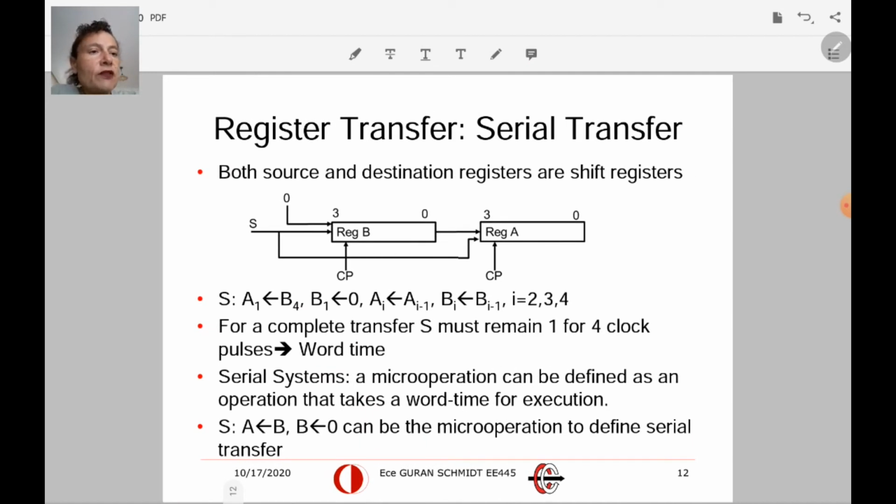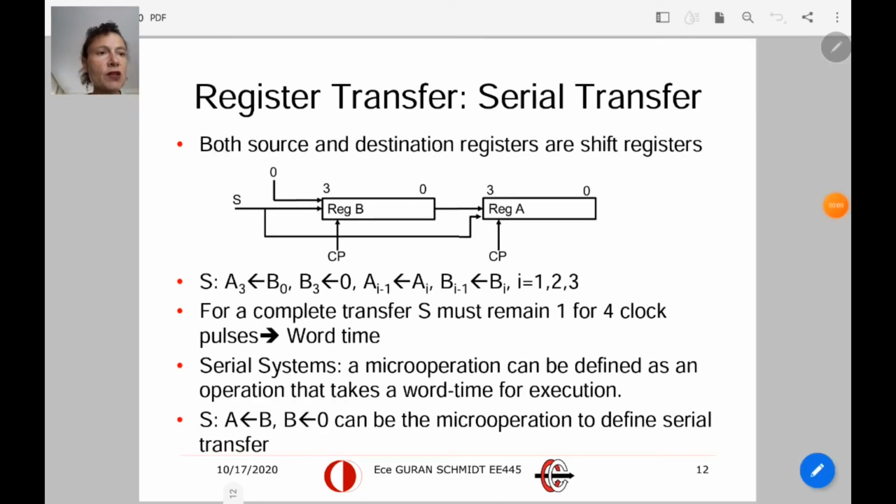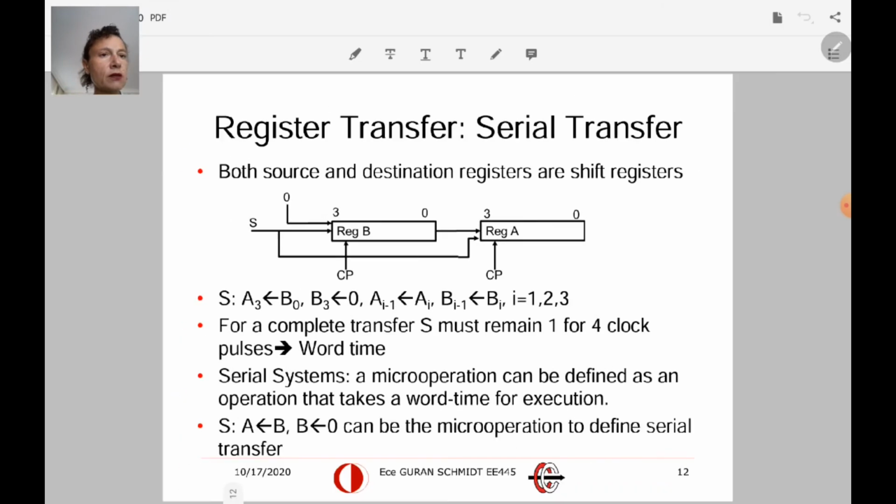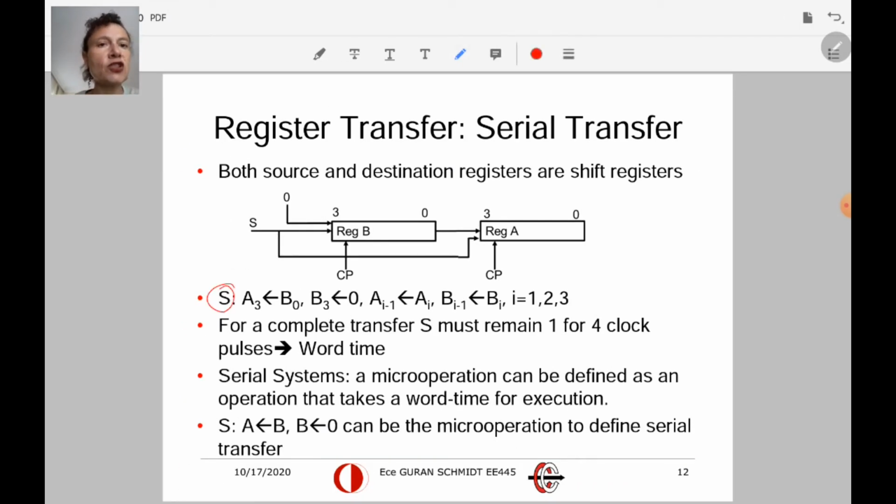How do we do the serial transfer? For the serial transfer, both registers are shift registers. So here, when the shift signal S is 1, then B0 is moved into A3 and B3 is written by a 0.